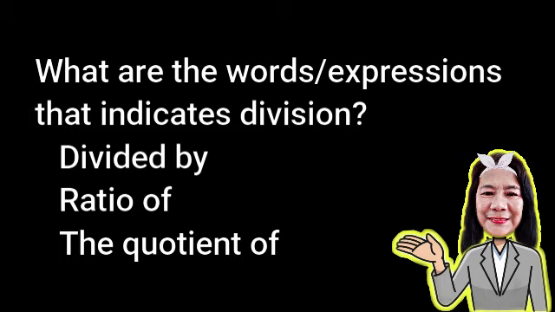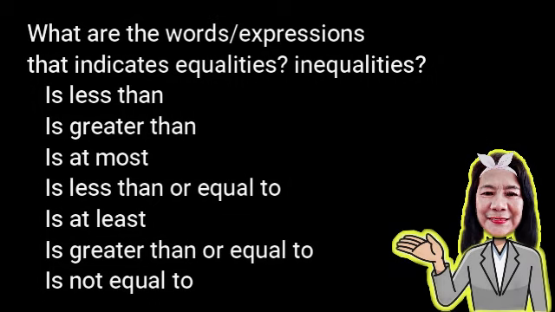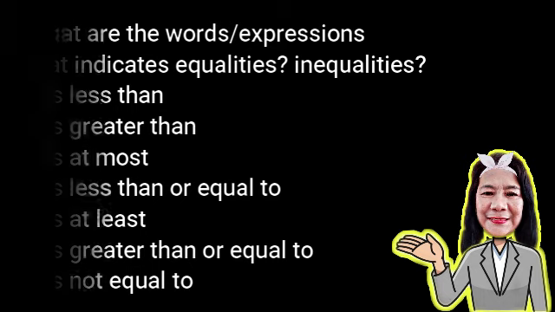For number 5 question, the expressions are is less than, is greater than, is at most, is less than or equal to, is at least, is greater than or equal to, and is not equal to.